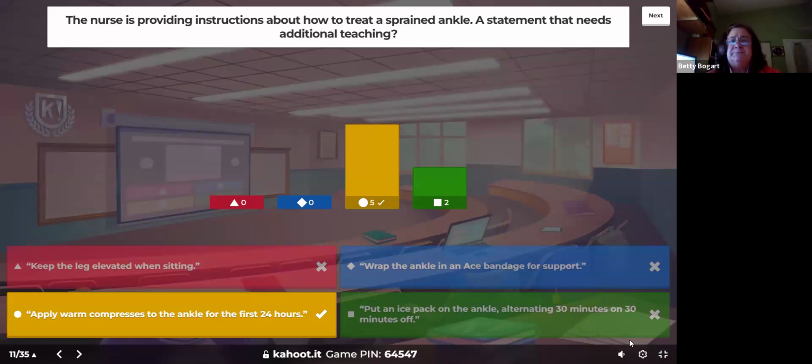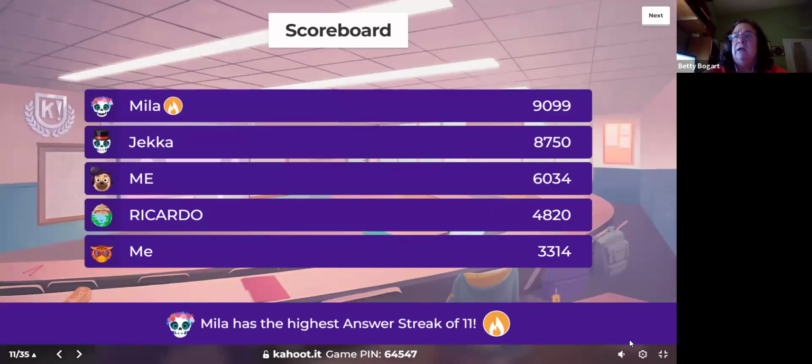Does anybody remember? Right. RICE. There you go. Rest, ice, compress, elevate. When you put warm on it, it causes vasodilatation. And what does that cause? More swelling, and that is more pain. So, yes, they don't need to put warm, they need to be cold. Very good.